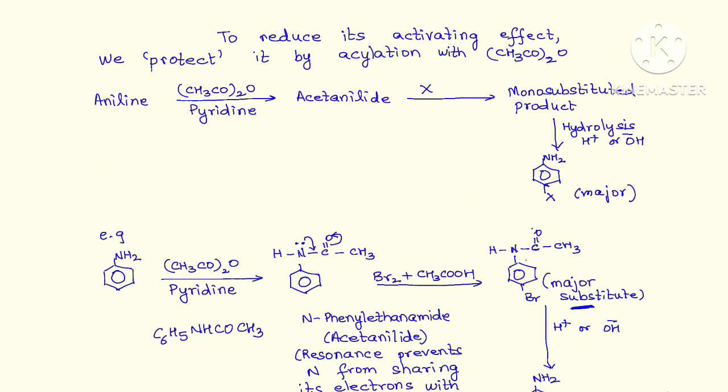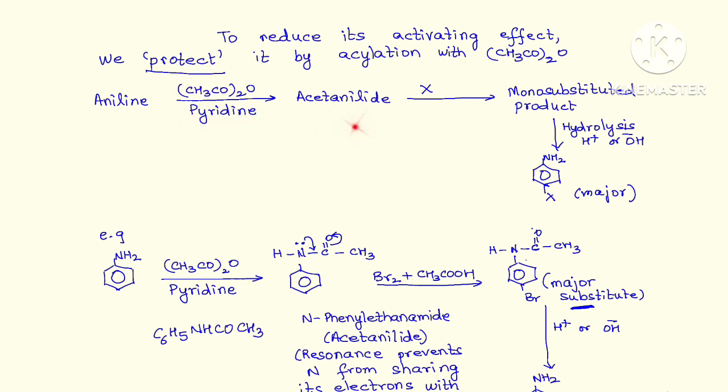And this entire process is called protecting the NH2 group. That means protecting it or preventing it from releasing too many electrons onto the benzene ring. So look at the steps. First, aniline reacted with acetic anhydride in the presence of a base.